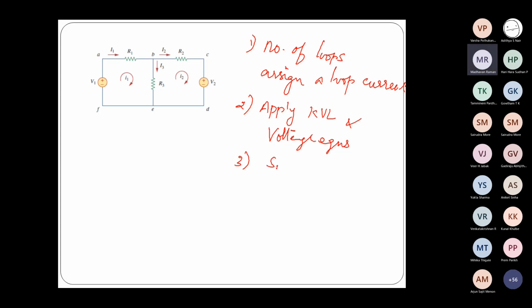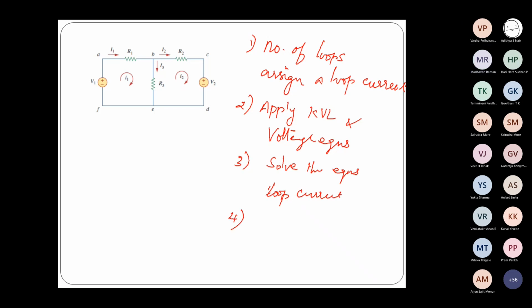So solve the equations either using normal algebraic simplification, or we can go for the matrix method using Cramer's rule. Solve the equations to find the loop current or mesh current.